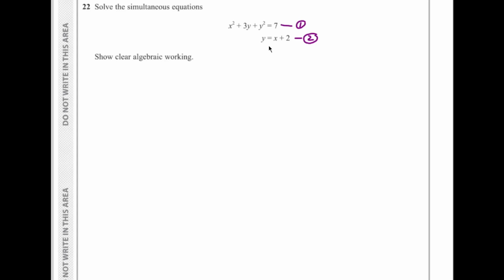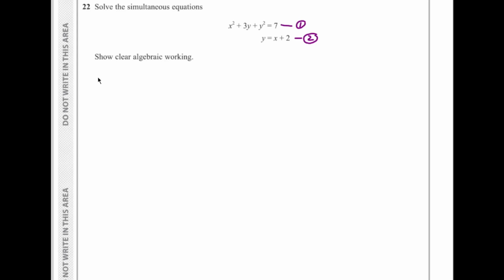In this case, it's already been done, so we don't need to worry about that. After that, we substitute this y into the first equation. Wherever I get y, I have to write x plus 2 there.